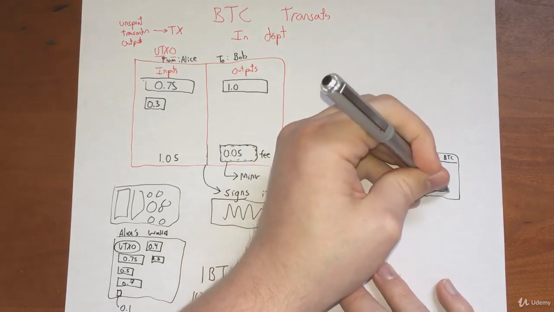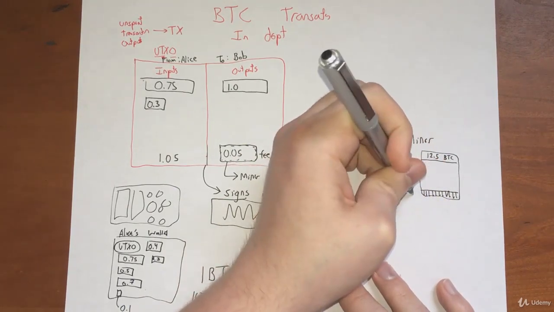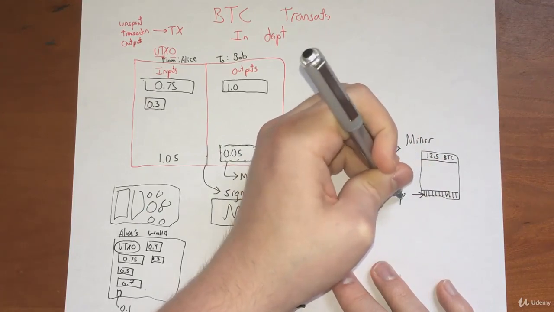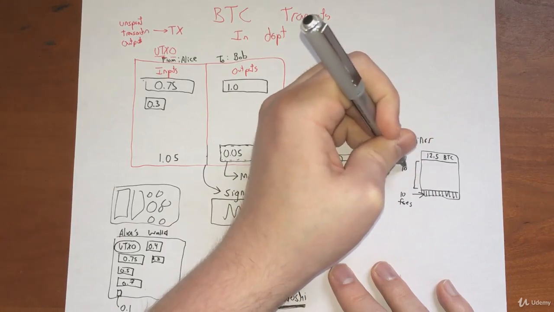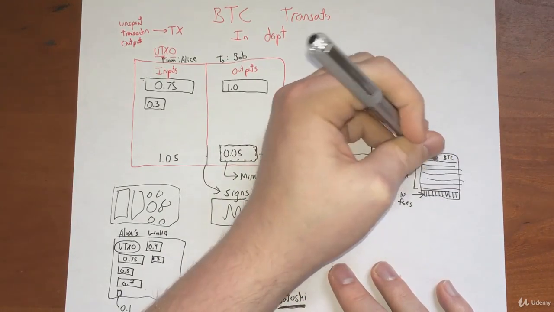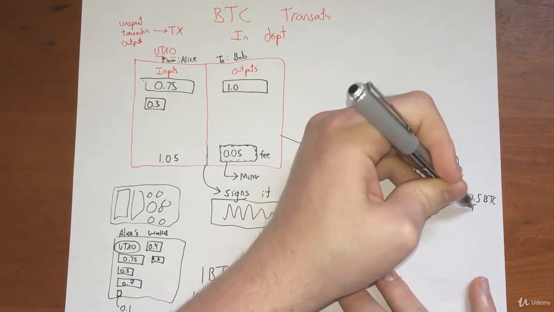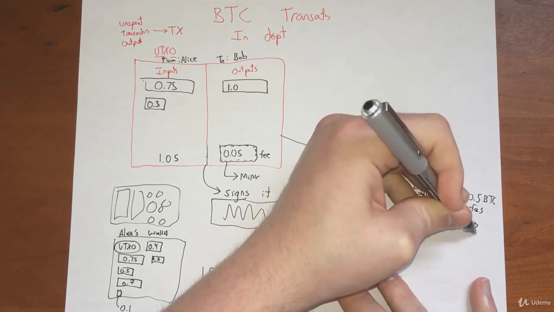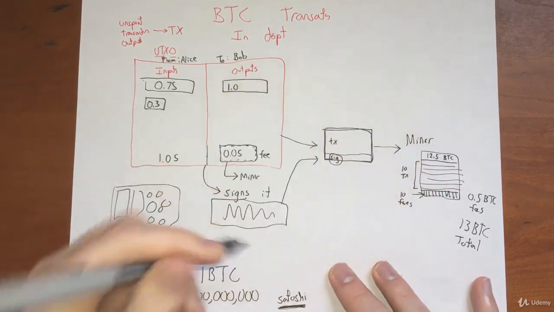And then they also capture all the little fees. You know, let's say there's 10 transactions in here, each with a fee. So the miner keeps that 12.5 Bitcoin, and let's say there's another 0.5 Bitcoin in fees. So they make 13 Bitcoin total from mining this block.